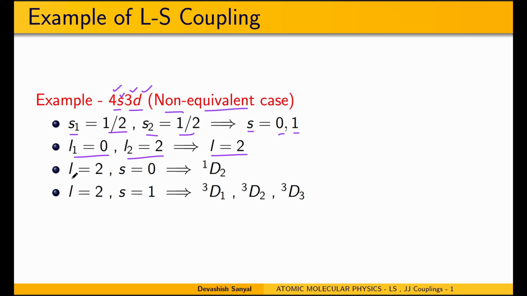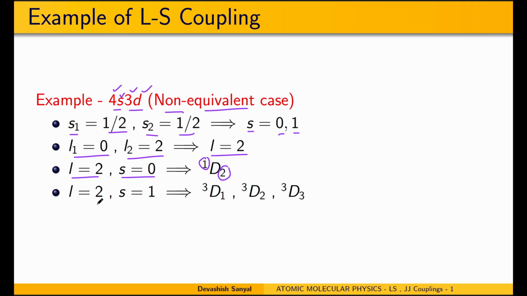We have L equal to 2 and S equal to 0. This gives the energy level given by the spectroscopic notation D, with the multiplicity 2S plus 1, and the total angular momentum J, which is here 2, because it's 2 plus 0, so J can only take the value 2.